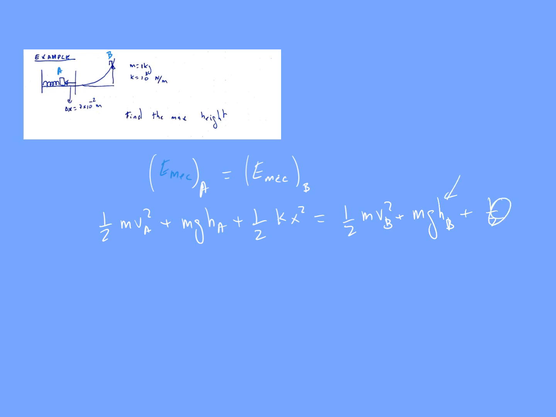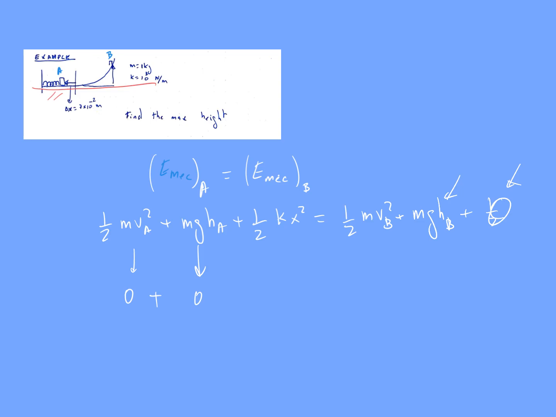So this is 0, the elastic potential energy at the point B. Kinetic energy at the point A, 0. Potential energy at the point A, 0, because we have chosen the floor like this, so the height of the mass is 0.